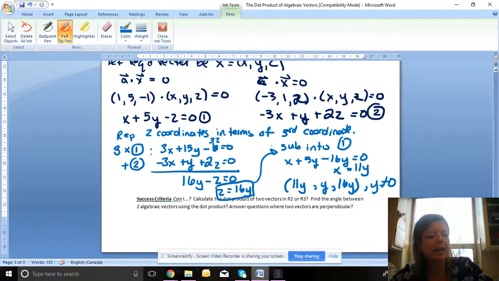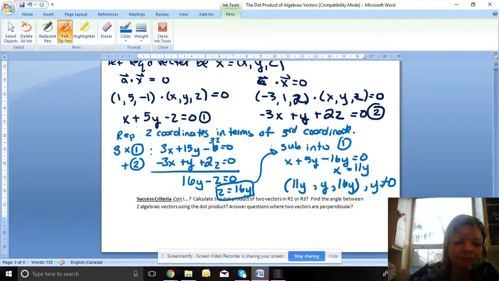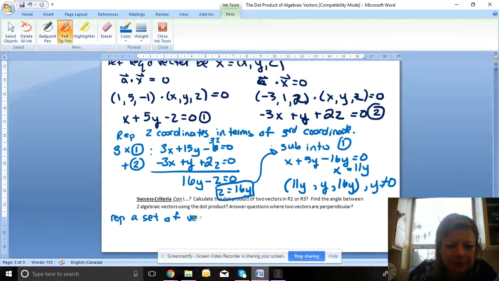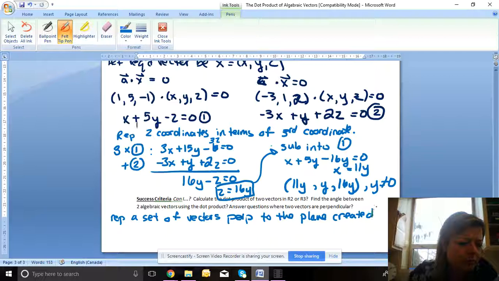You guys should copy this down. So this represents a set of vectors perpendicular to the plane created by vector A and vector B.